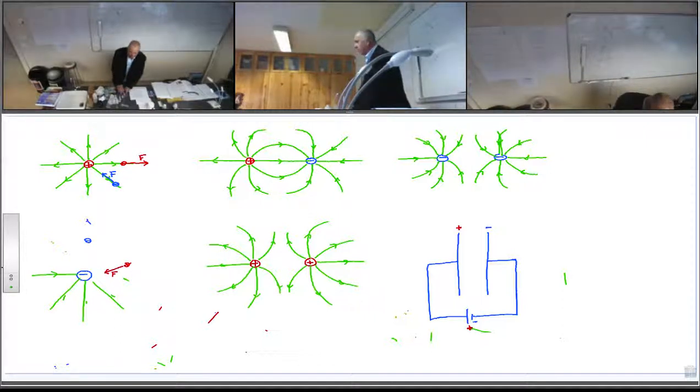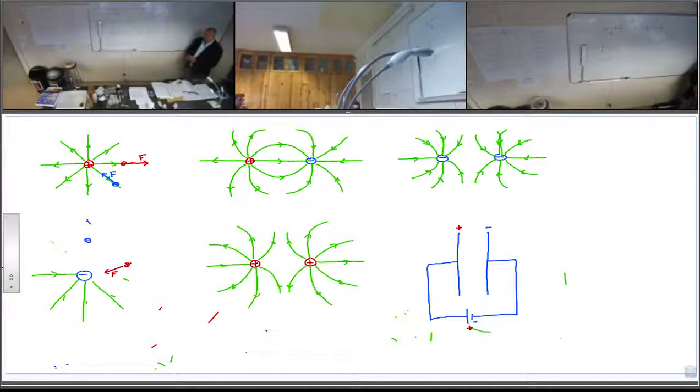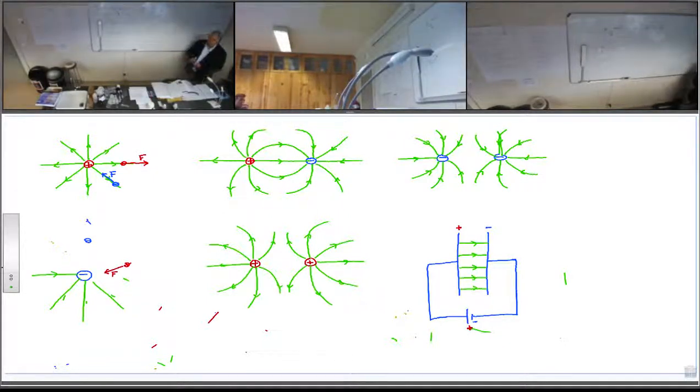Now, how does the electric field look in this space here? So you're saying lines running from positive to negative, like that. Okay, that's what they look like.